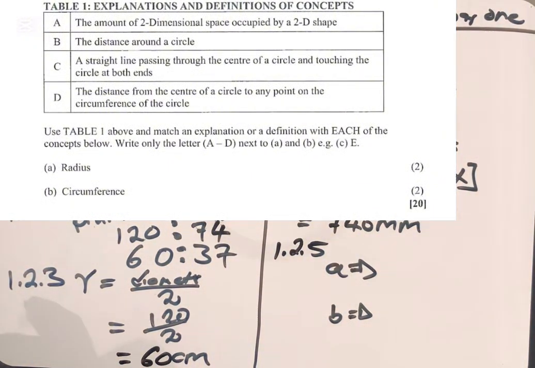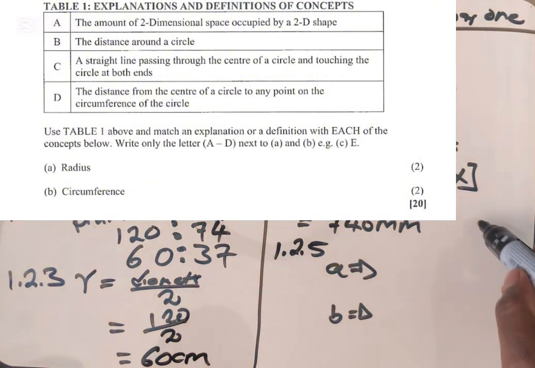Use table 1 above and match an explanation or a definition with each of the concepts below. Write only the letter A to D next to A and B. So A is a radius.